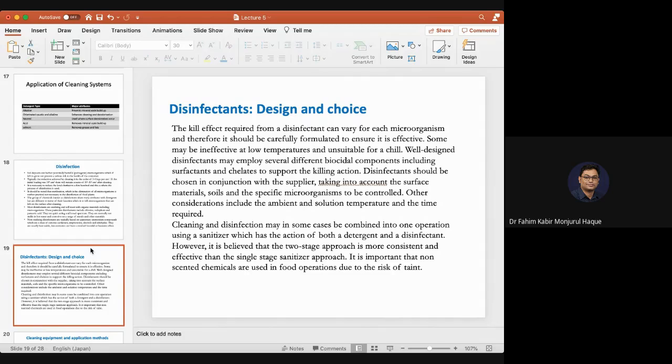If we can do both cleaning and killing at the same time using the same mixture, it would definitely be better because it will save us some money.